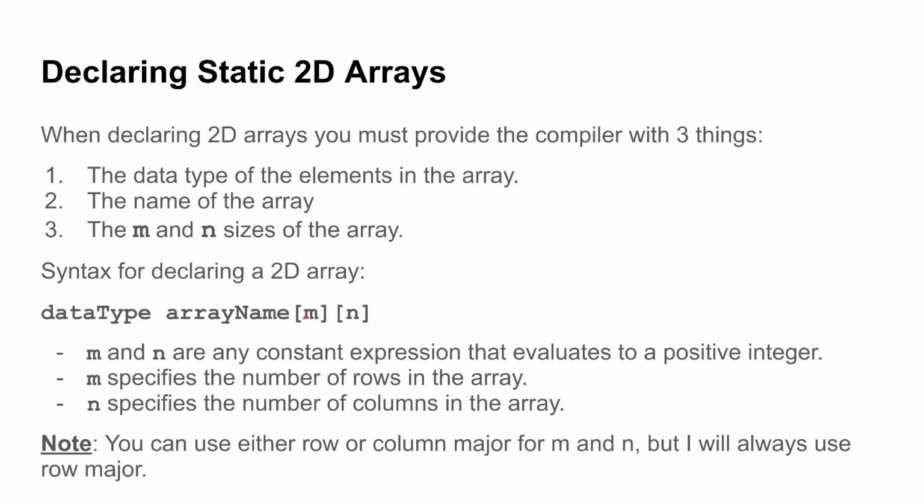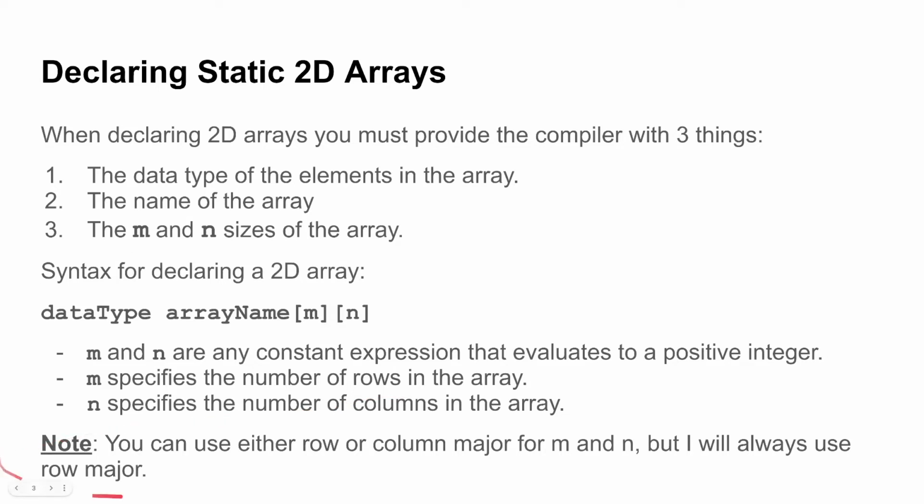So instead of only putting one number here, like 5, and having a list of 5 elements, if we put a number 5 here, and then we put a number 2 here, we will have a two-dimensional array with 5 rows and 2 columns, because this m is going to be the number of rows in the array, and this n is going to be the number of columns in the array.